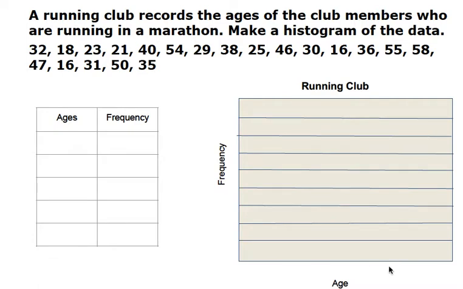Now, they have not given us any intervals, so we're going to have to kind of create some. It looks like 16 is my lowest and 58 is my highest. Now, if I go by 2s like Kim's ratings, my histogram is going to be very large and probably not very convenient to use. So with ages, I like to go by 10s.